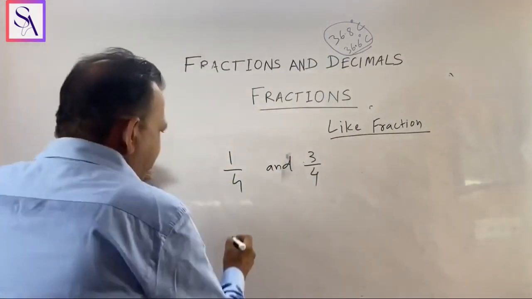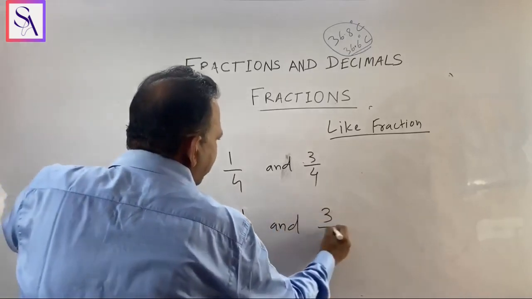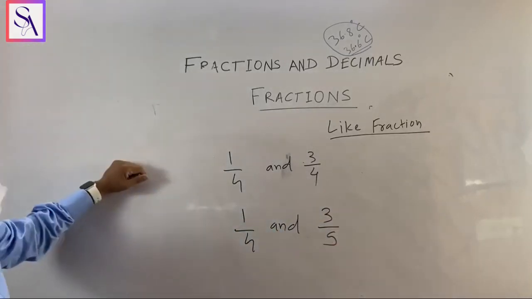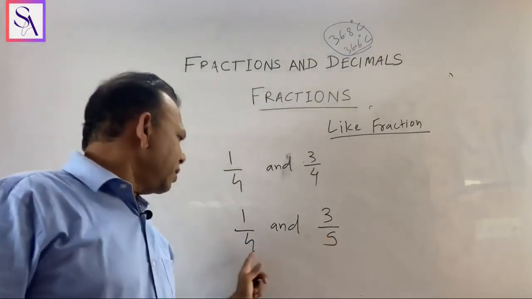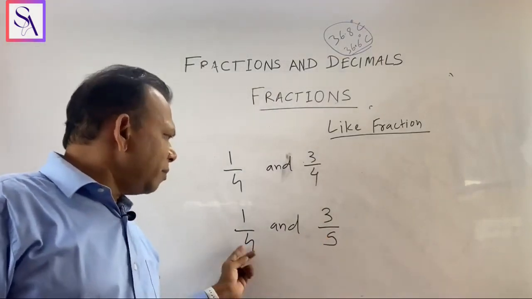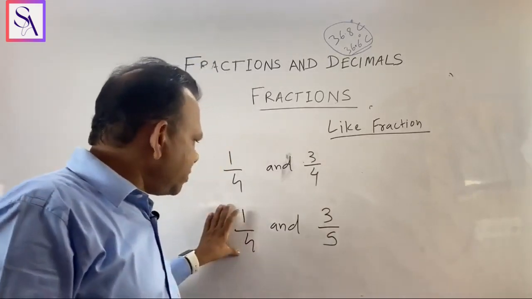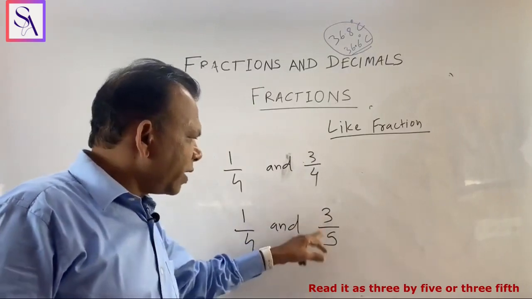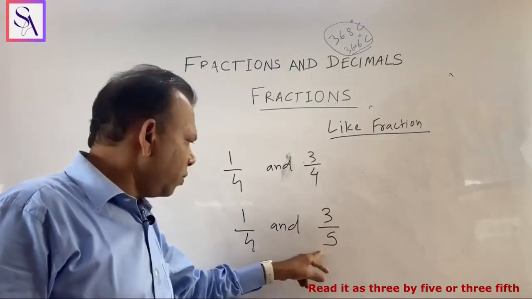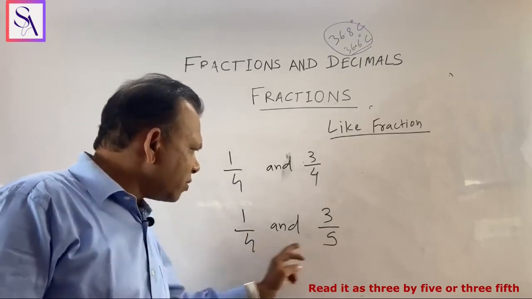And suppose if 1/4 and 3/5, these two couple is there. In this couple means there are two fractions. That's why I am calling it couple. So first fraction is 1/4, second is 3/5. If you observe, denominators are not same.